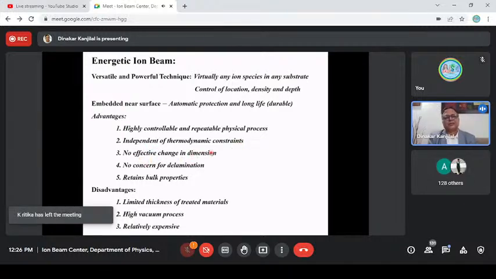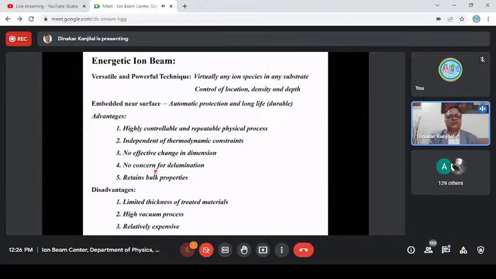And it doesn't change the dimensions, like when you heat it under pressure, or when you are pressing it, the dimensions change. Here temperature-wise you are not increasing, so there is no change, and all those problems are eliminated. But the biggest limitation is that it retains the bulk property of the host material, and only at the place where it is doped does it give exotic properties.